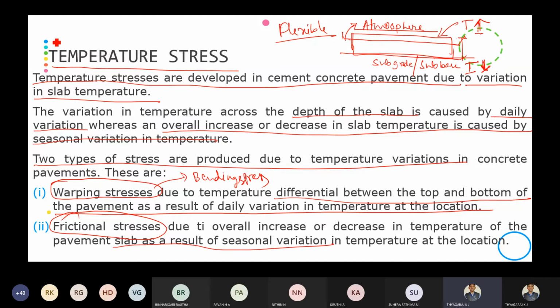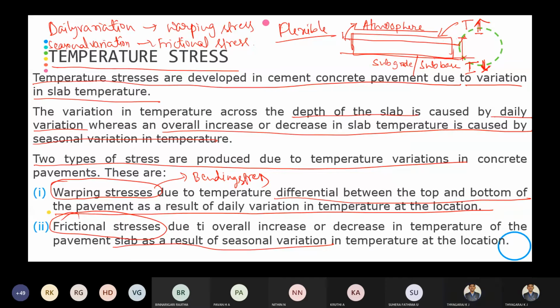So remember, because of daily variation in temperature, we get this bending stress development.